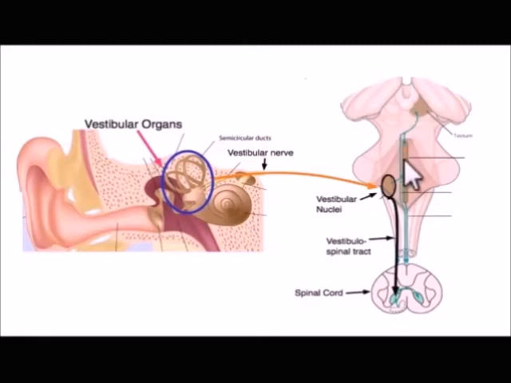And this medial longitudinal fasciculus is also connected to the third, fourth and sixth cranial nerves. So the vestibular nuclei is well connected to the eye through the third, fourth and sixth nerve nuclei, which have connections to the superior and inferior colliculi, as well as to the medial longitudinal fasciculus.